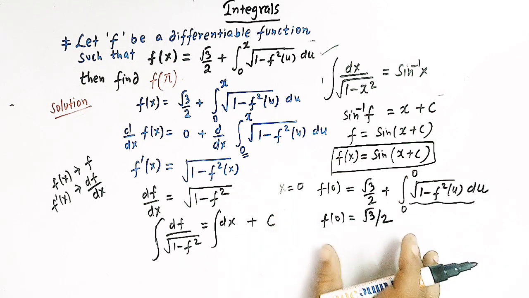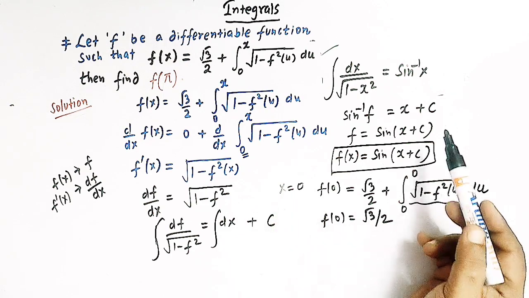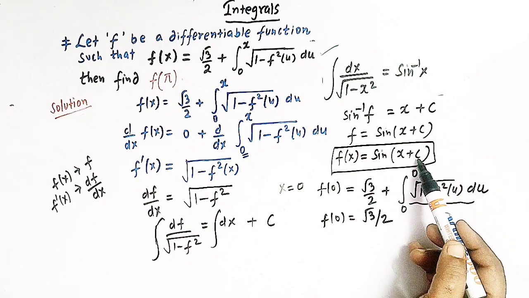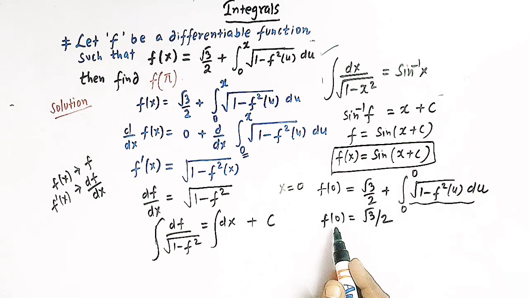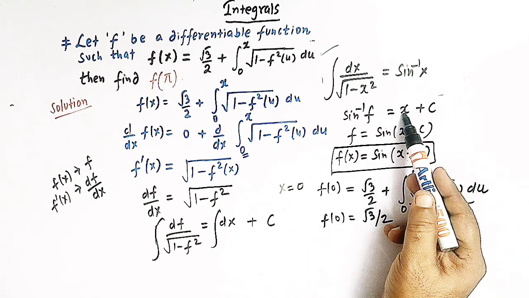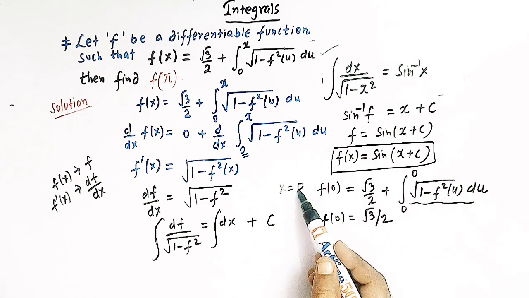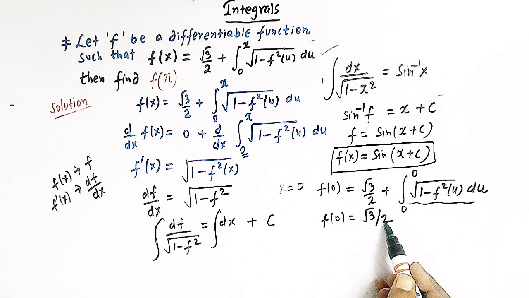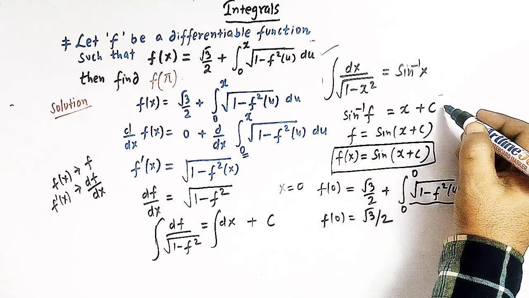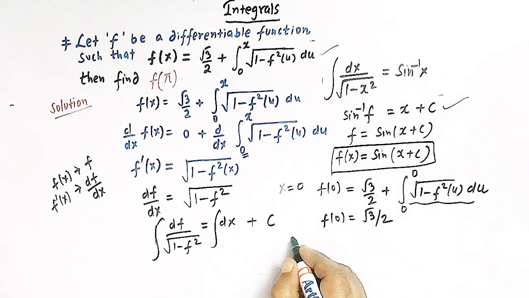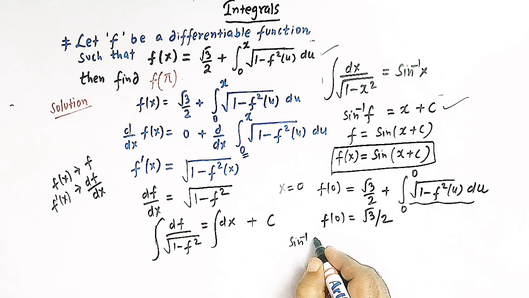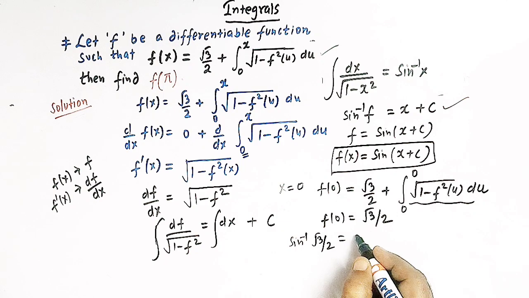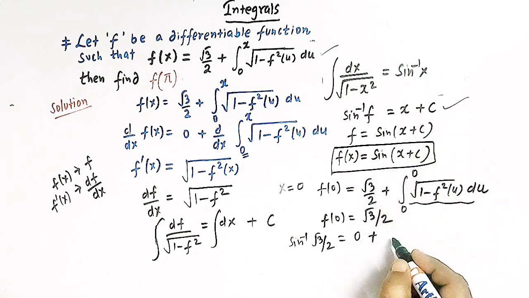Now let us use this condition to get the value of c. So we'll take x is equal to 0, and f of 0 is equal to square root of 3 over 2 in this equation. So we have sine inverse, f is given by square root of 3 over 2, and x is 0, and here we have c.